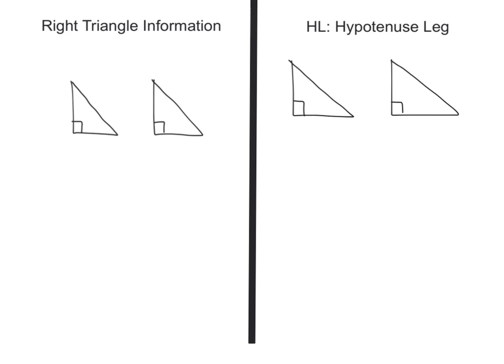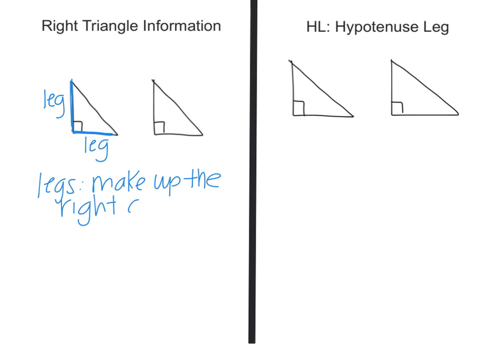Okay, so now let's talk about some right triangle information. Here, this and this are legs. The legs make up the right angle. If I put the two legs together, see how I get the right angle right there?